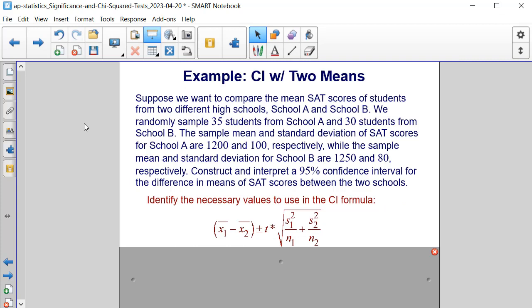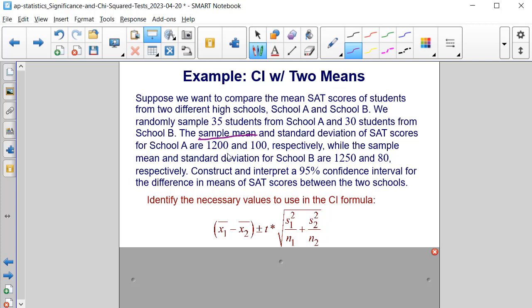The next step is to identify the necessary values to use in our confidence interval formula. For our x sub 1 bar, or our sample mean for our first set of data, we have 1200, and then we also know its standard deviation, S sub 1, is 100.